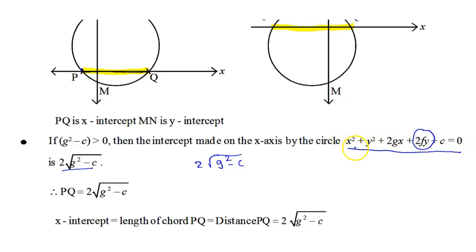So that equation is x square plus y square plus 2gx plus c only remains. So here we are finding the radius, that is nothing but g square minus c. For the length, it goes to 2 root g square minus c. The length of the x-intercept is 2 root g square minus c.